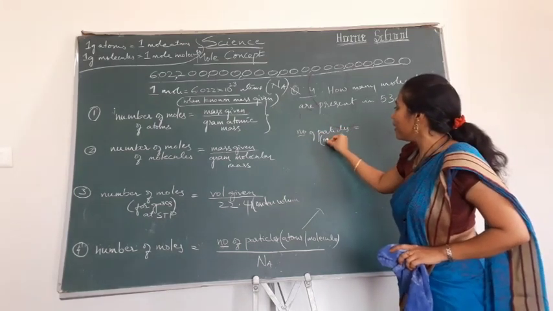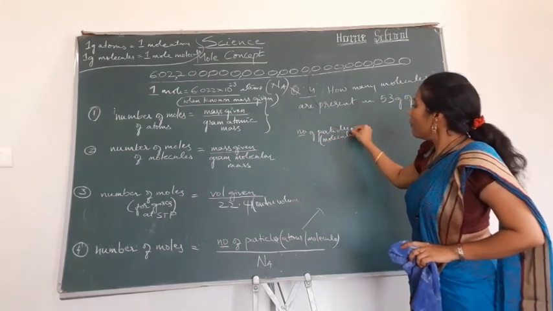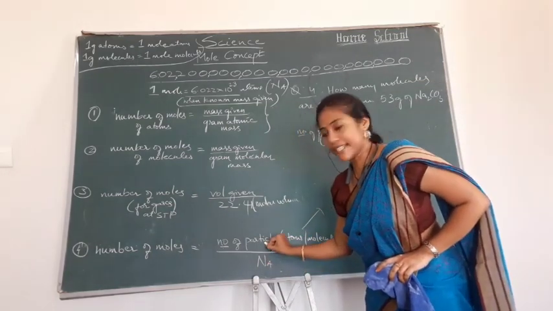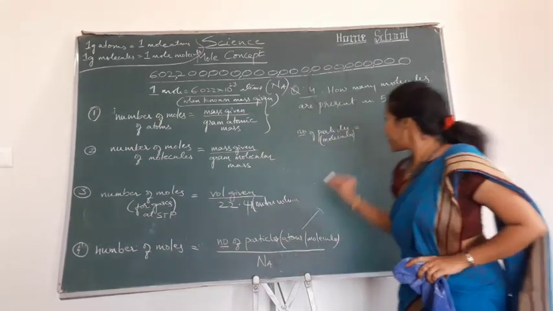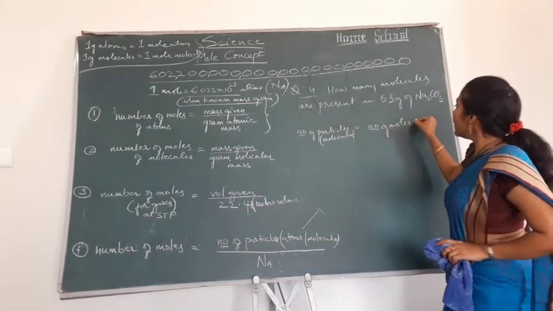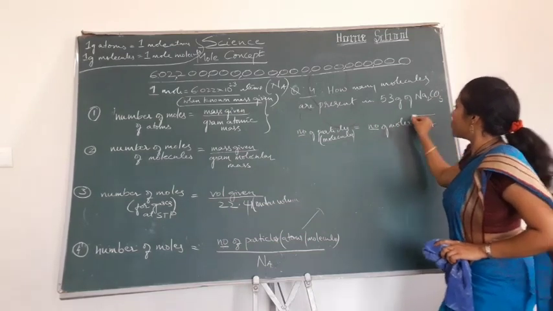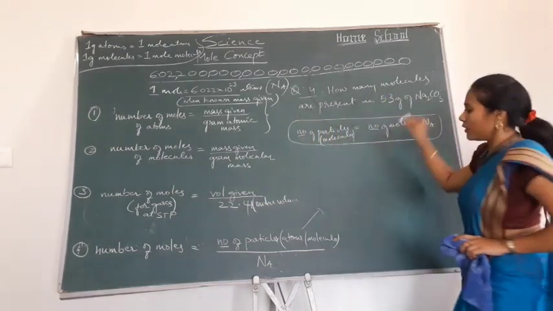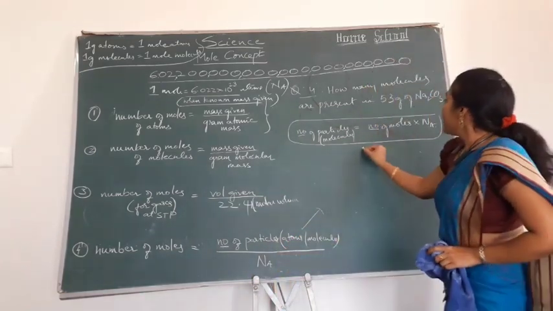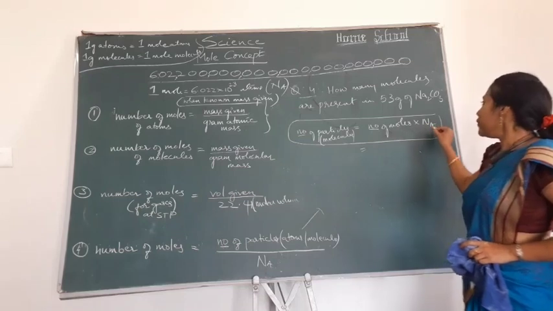I want to calculate the number of molecules, so you can do this into this. So it will be number of moles into Avogadro number. I have just changed the formula according to my convenience. Now, number of moles into Avogadro number.